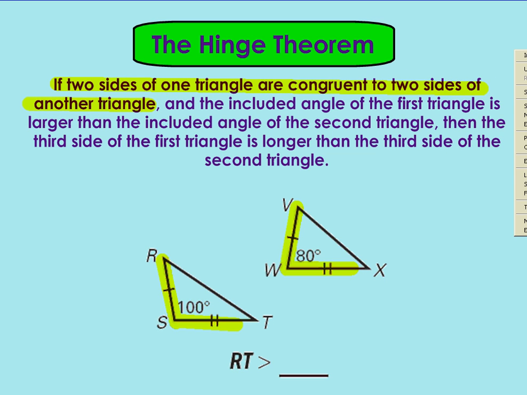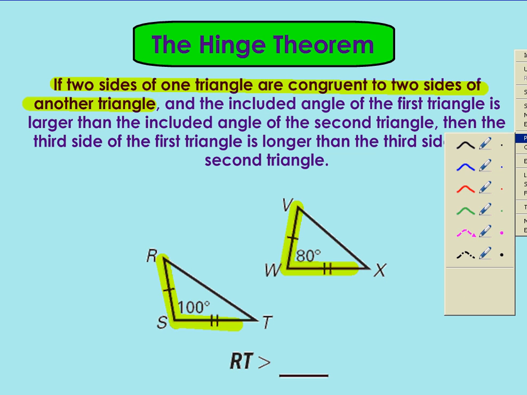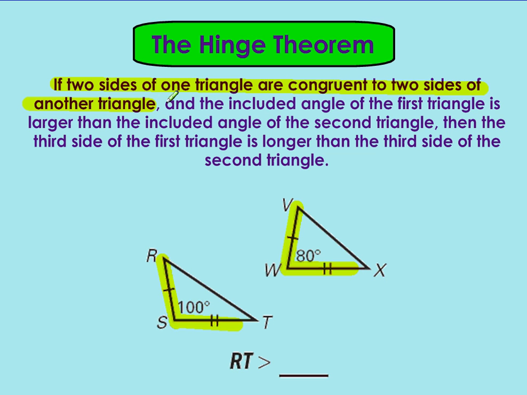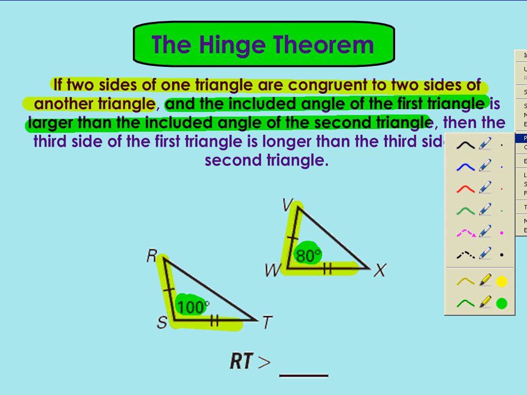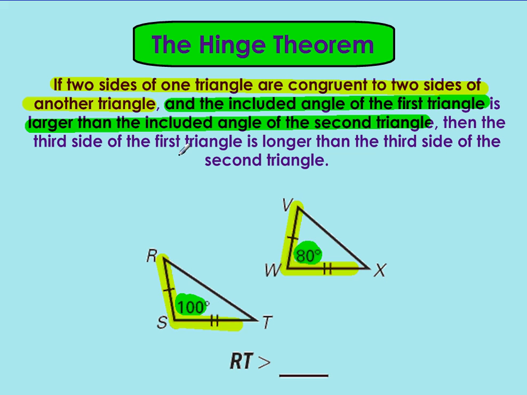Then the second part is saying that if the included angle of the first triangle is larger than the included angle of the second triangle, and we can see that 100 is larger than 80, then we can say that the third side of the first triangle is longer than the third side of the second triangle. So since 100 is greater than 80, we can say that RT is going to be greater than VX.